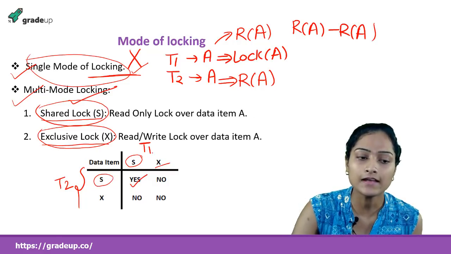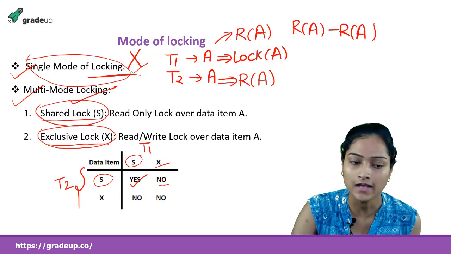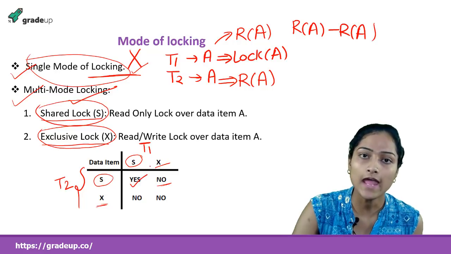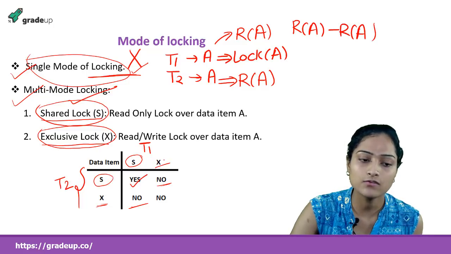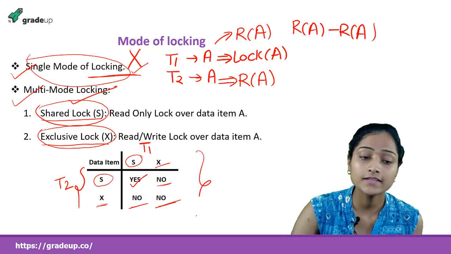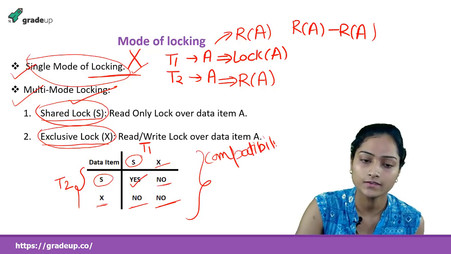That is, if one transaction is demanding an exclusive lock and the other is demanding a shared lock, both cannot be granted over the same data item at a time. Same thing, if T2 demands an exclusive lock and T1 demands a shared lock, both cannot be granted at a time. This is also known as the compatibility matrix for locks.